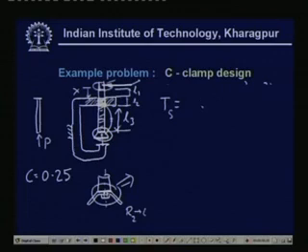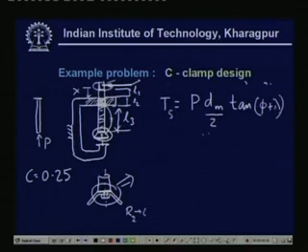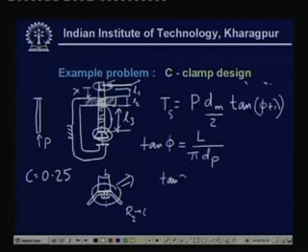That was equal to P times the mean radius of the thread times tangent of (phi plus lambda), where phi is the helix angle, which is nothing but lead divided by pi times pitch diameter, and tan lambda is nothing but mu at the thread.